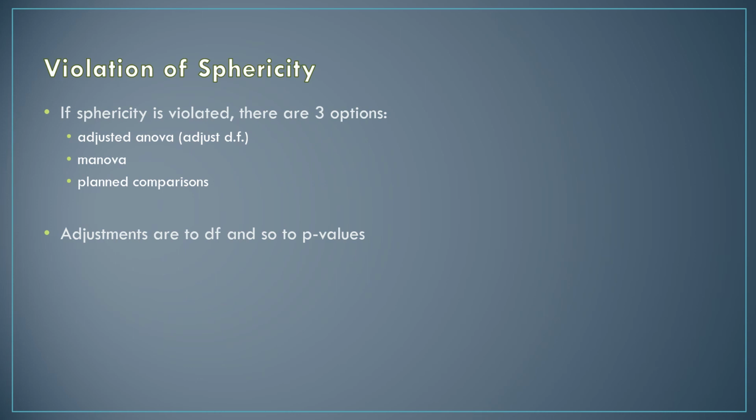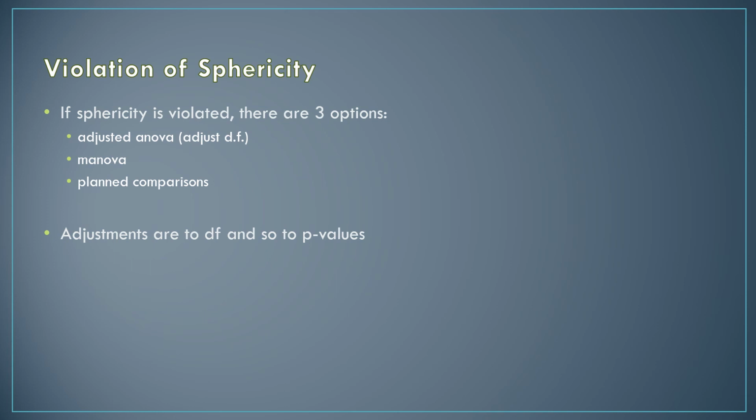You can do an adjusted ANOVA where you are adjusting the degrees of freedom, which in turn adjusts the p-values and the type 1 error rate. So you could do that and make this adjustment, or you could switch to doing a MANOVA, or you can have planned comparisons.